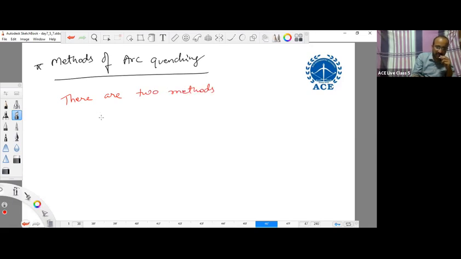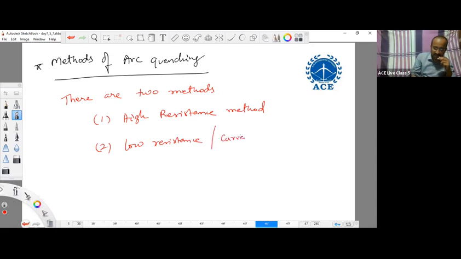First one is high resistance method. Second one is low resistance or current 0 method.